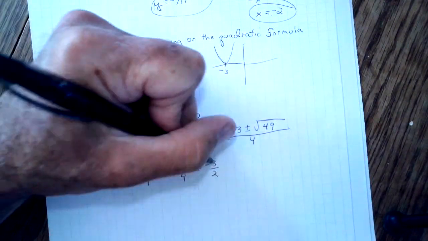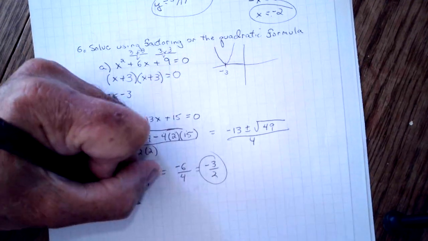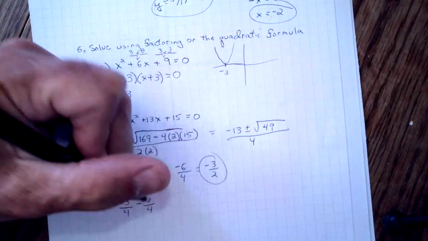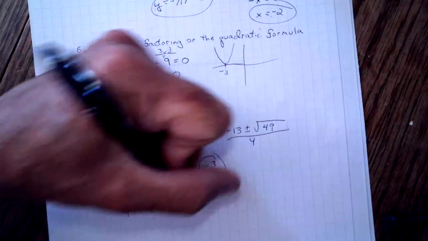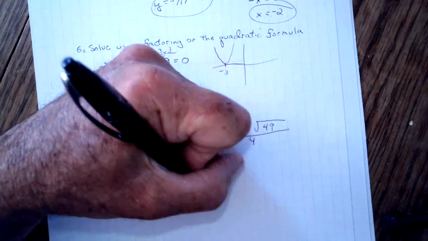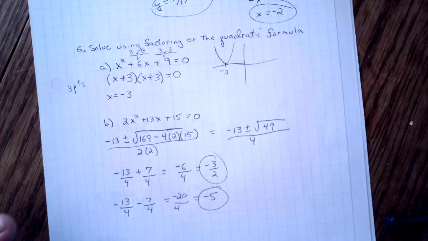Either one of those is the correct answer. And then negative 13 over 4 minus 7/4. That's going to be negative 20 over 4, which is negative 5. Okay, and those are my two answers. Those are my roots. Next page.